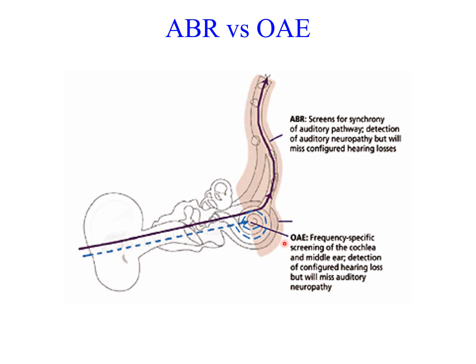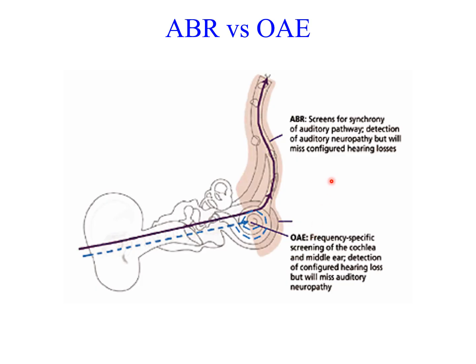Long story short, OAE is a frequency-specific screening. However, it screens primarily the outer hair cell function, and of course the outer external ear, tympanic membrane, and middle ear functions must be normal as well. So OAEs provide frequency-specific screening for the cochlea and middle ear functions. However, it will miss auditory neuropathy.